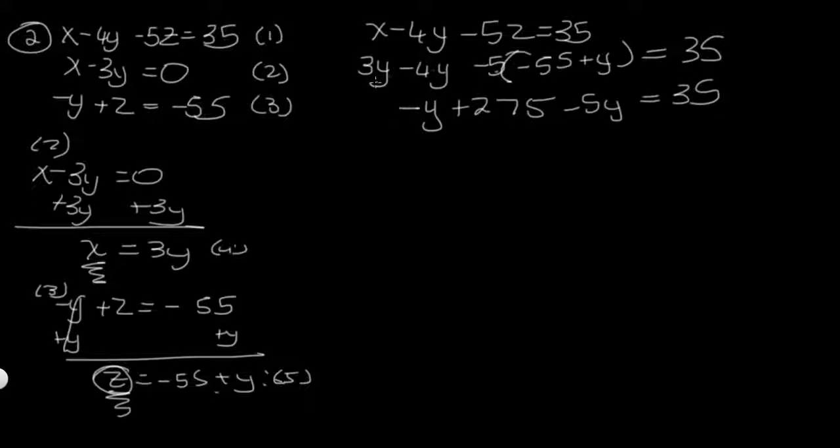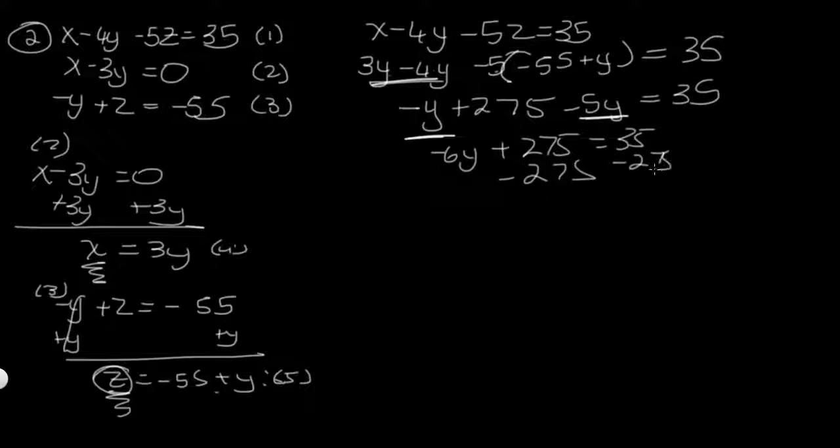By the way, I got this negative y here by combining that. Now I can combine negative y minus 5y to get negative 6y plus 275 equals 35. And this is a simple linear equation, so subtract 275. You will get negative 6y equals, so 35 minus 275 is negative 240.